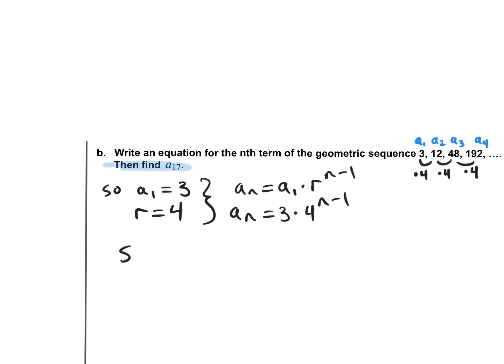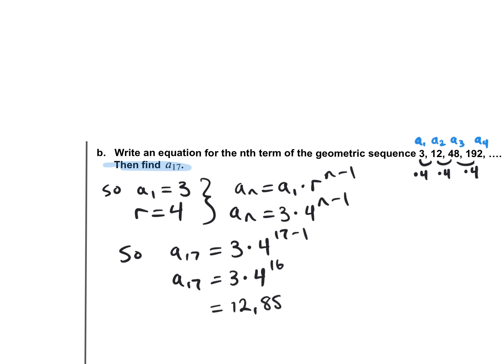So we can write a sub 17 is equal to 3 times 4 to the 17 minus 1 power. We can simplify. So we have 3 times 4 to the 16th power. And this is going to give us a pretty big number here. We're going to get 12,884,901,888. It's a big number.